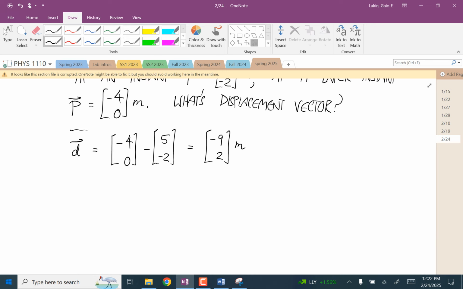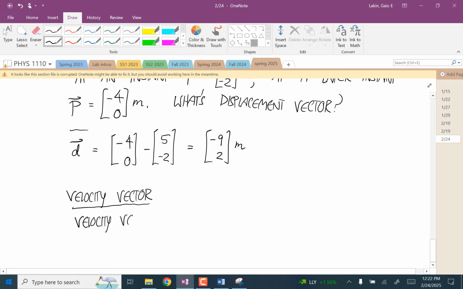The next thing we have to define is the velocity vector. And just like it did in 1D, the velocity vector measures how quickly the position vector is changing.